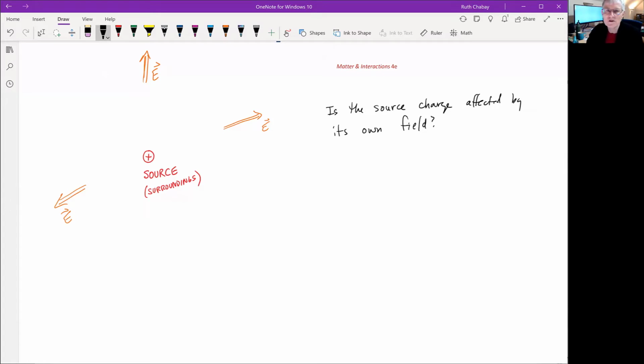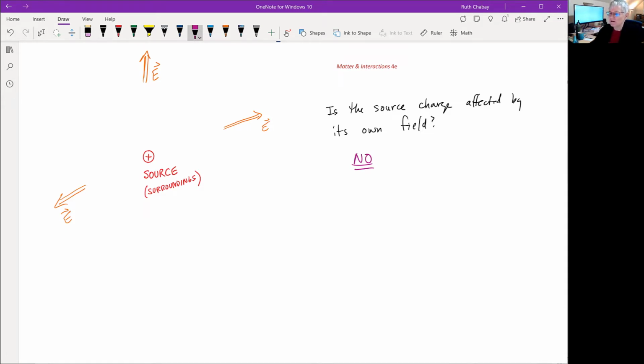In what direction could it exert a force on itself? There's no obvious direction a particle could exert a force on itself. So it's just like an object isn't gravitationally attracted to itself. It's not electrically affected by itself either. So no, it doesn't affect itself.